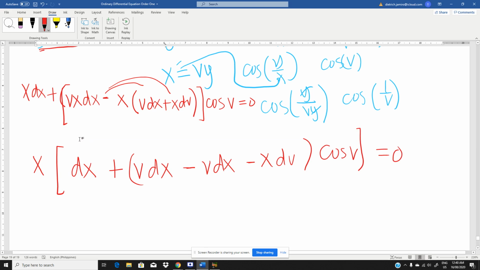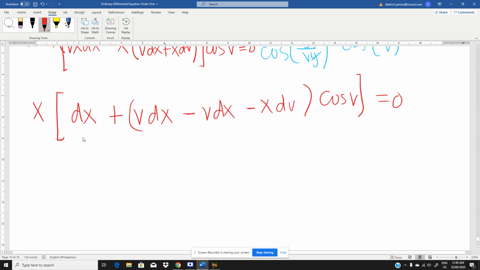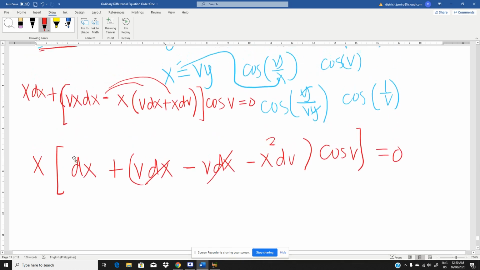And then, as you can see, v dx will cancel out. And then, sorry, this one is x squared dv.